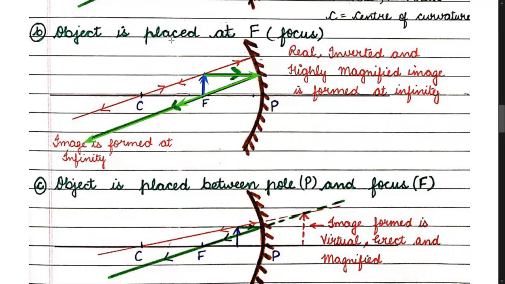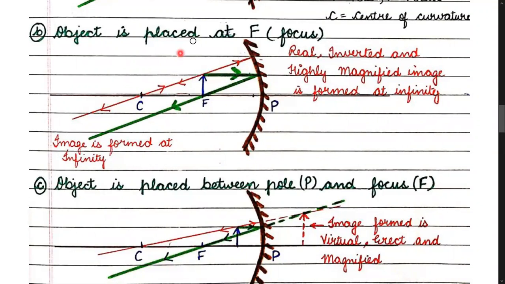While in case of the other ray, I'll take a ray which is passing through the center of curvature. Students, you have to draw a ray diagram. Here what I have done is I have taken the top of the object and the center of curvature.